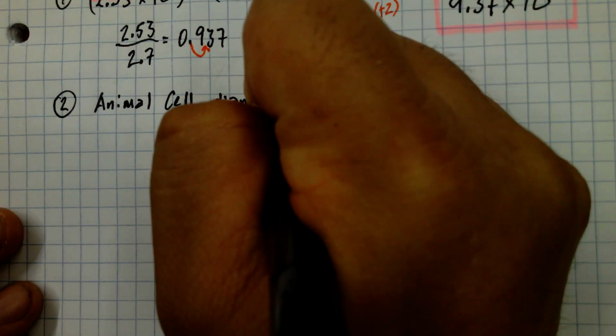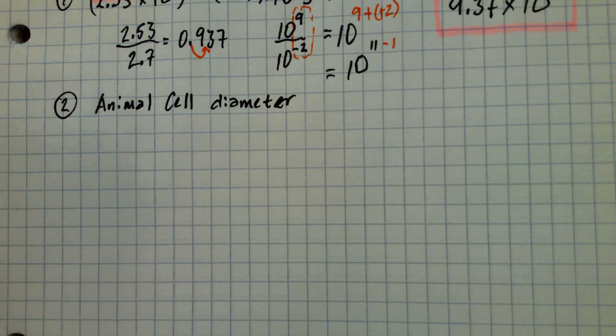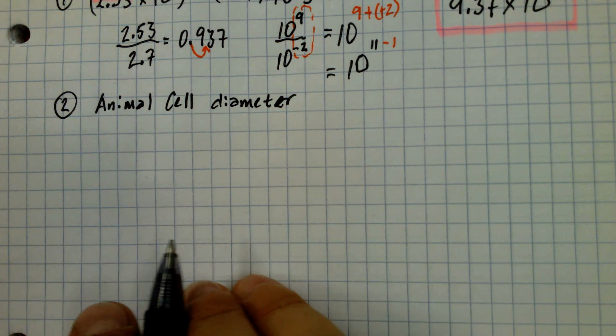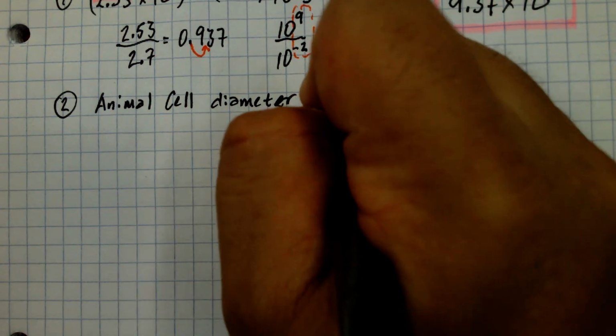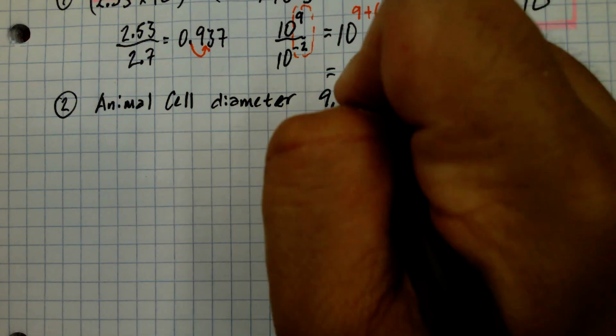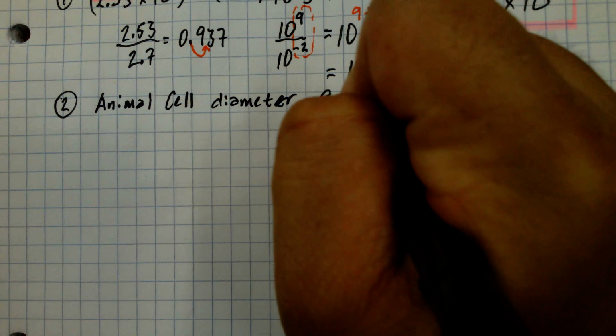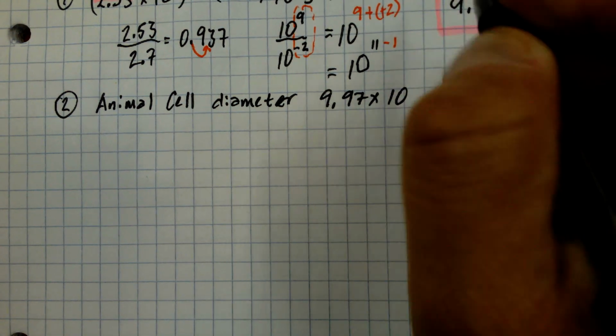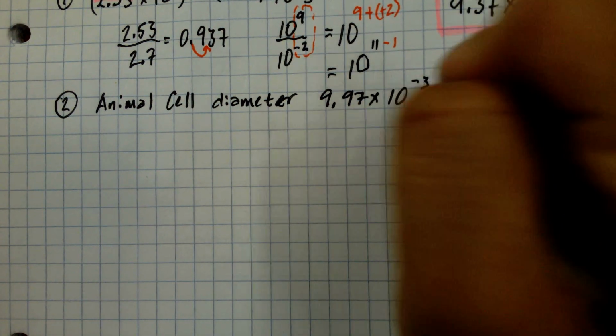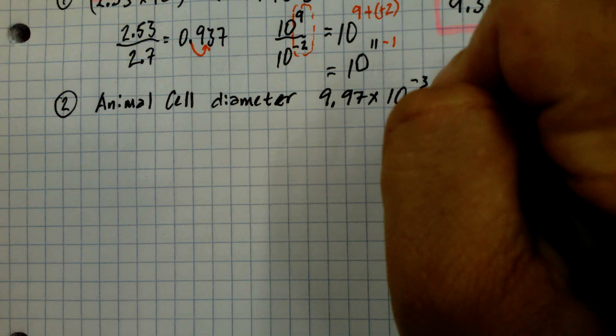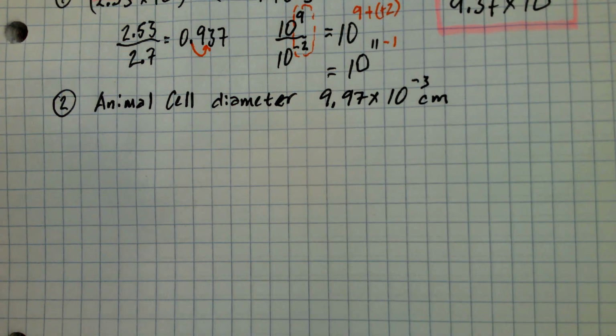You're familiar with diameter? The distance across, usually a loosely circular object through the middle. Let's say it has a diameter of 9.97 times 10 to the negative third centimeters.